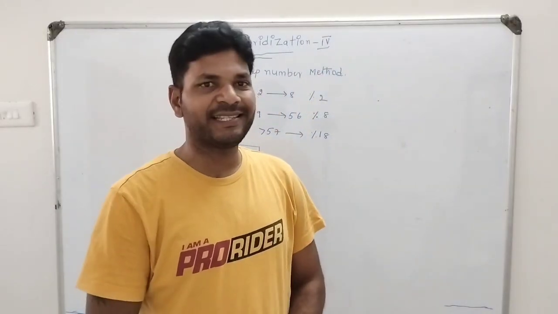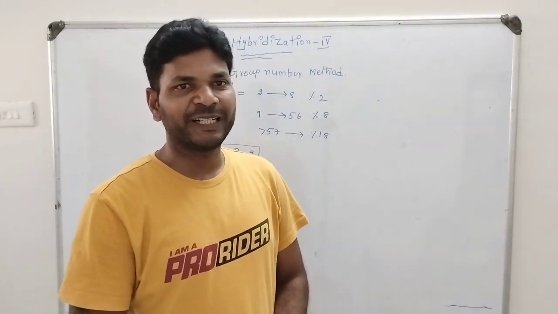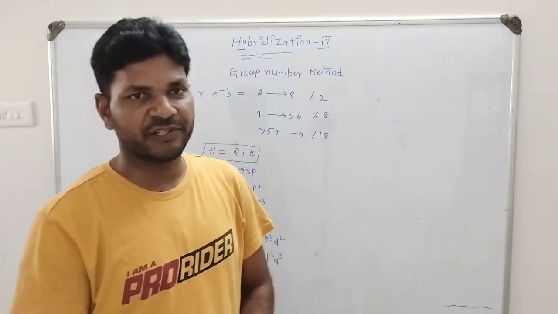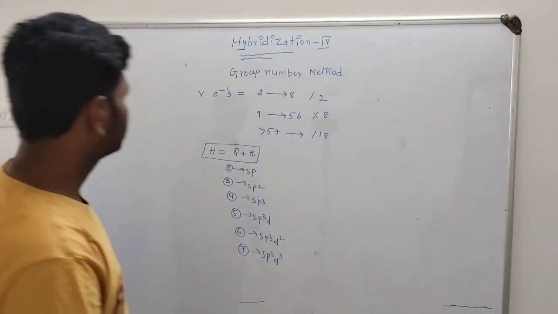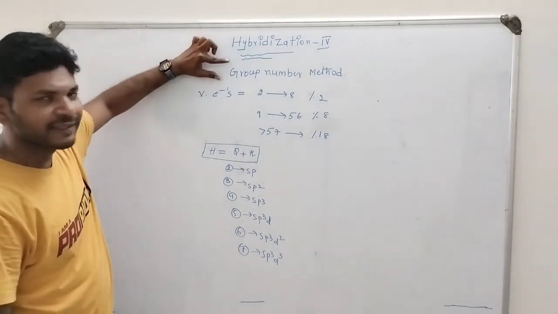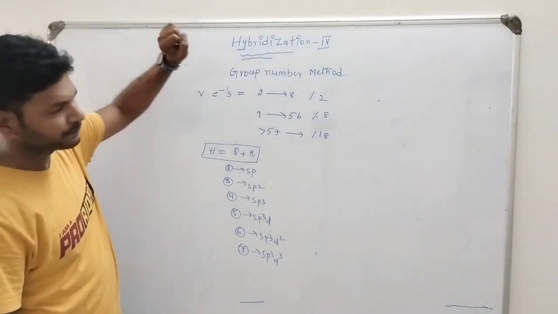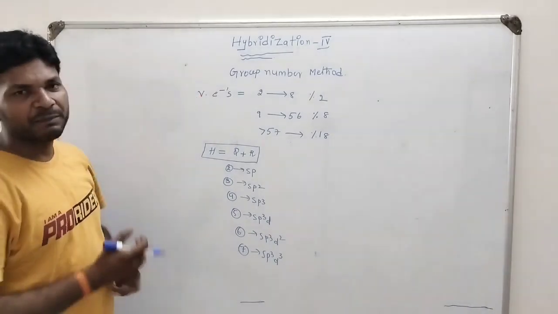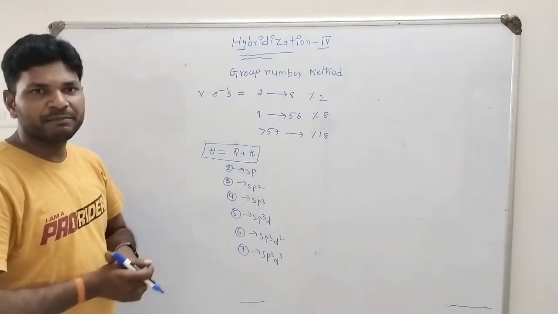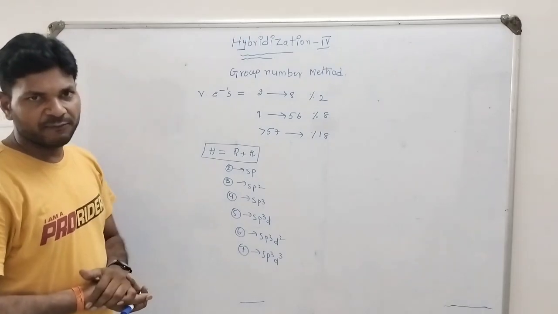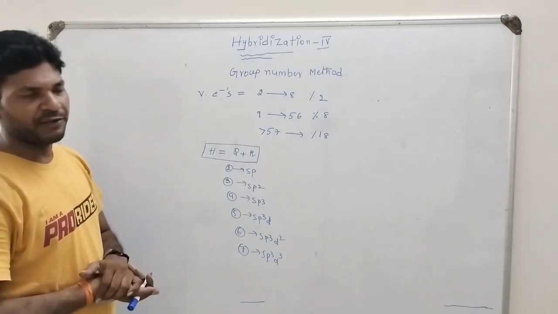In today's class, we will discuss shortcut method 4 for hybridization. This is the fourth shortcut method, the group number method. In this method, we need to sum all the group numbers of all the atoms in the given molecule.